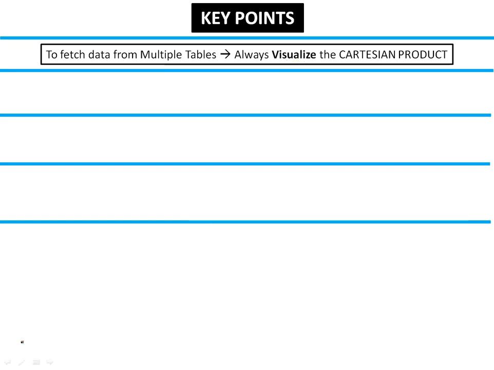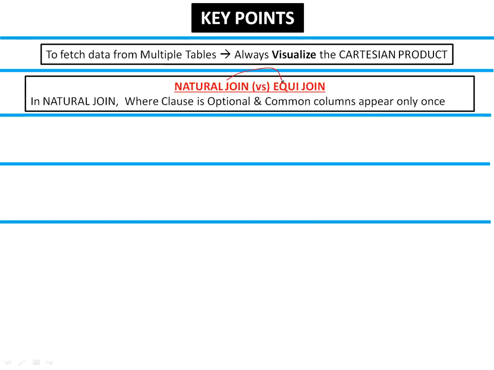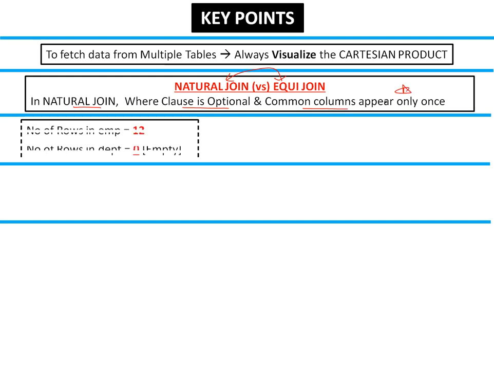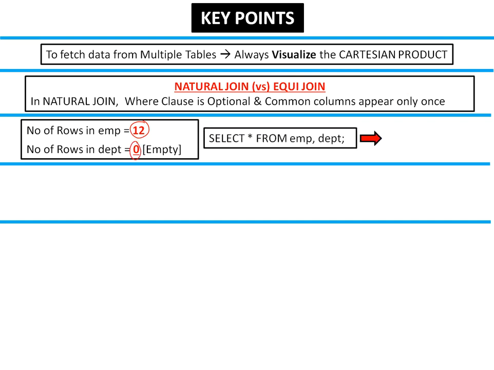Then you have to understand what is the difference between natural join and equijoin. In natural join, where clause is optional, you do not write it, and common columns will come only once. Next, there are 12 rows in EMP table and 0 rows in department table. What kind of join is it? It is Cartesian product. Then how many rows will come? If you are good at mathematics, 12 into 0, number of rows will be multiplied, that will be 0.